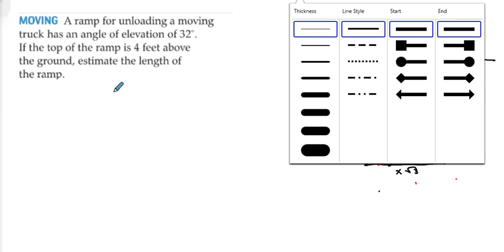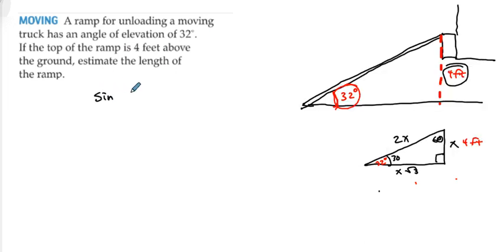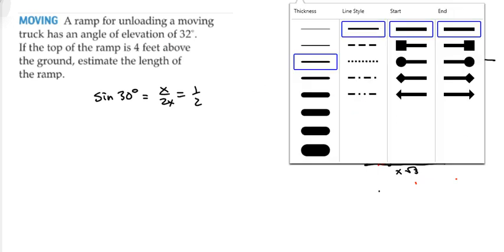So what I know is we're going to be talking about the sine of 30 degrees. And the sine of 30 degrees on our special triangle is equal to x over 2x, which is 1/2. So this ratio should basically equal 1/2. So we want to find this right here, and I'm going to use a different color. Our hypotenuse is our x. So we go back to our trig ratio.